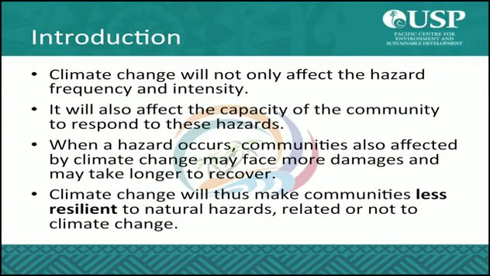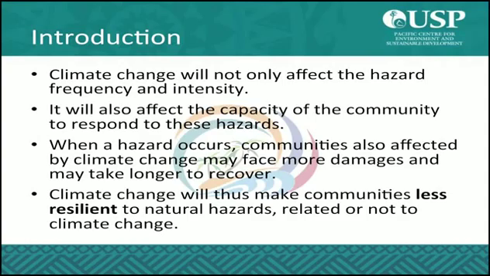Climate change will not only affect the hazard frequency and intensity, as we just saw, but it will also affect the capacity of the community to respond to these hazards. When a hazard occurs, the communities that are also affected by climate change may face more damages and may take longer to recover.